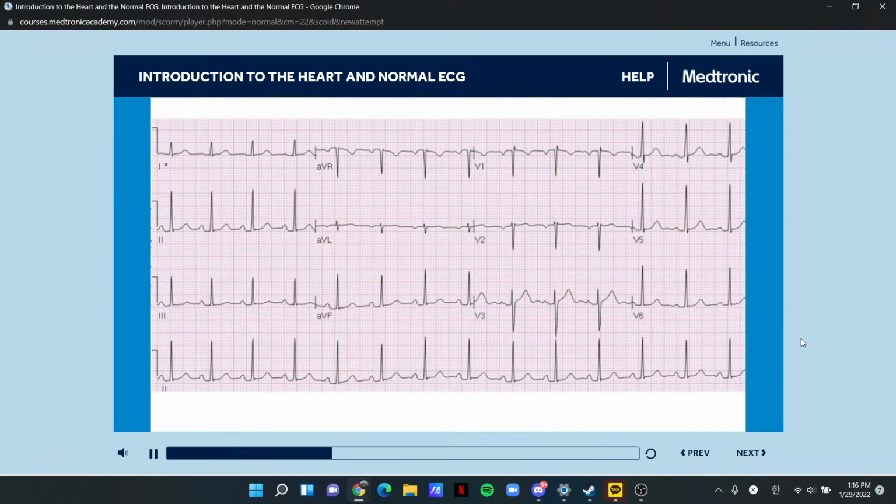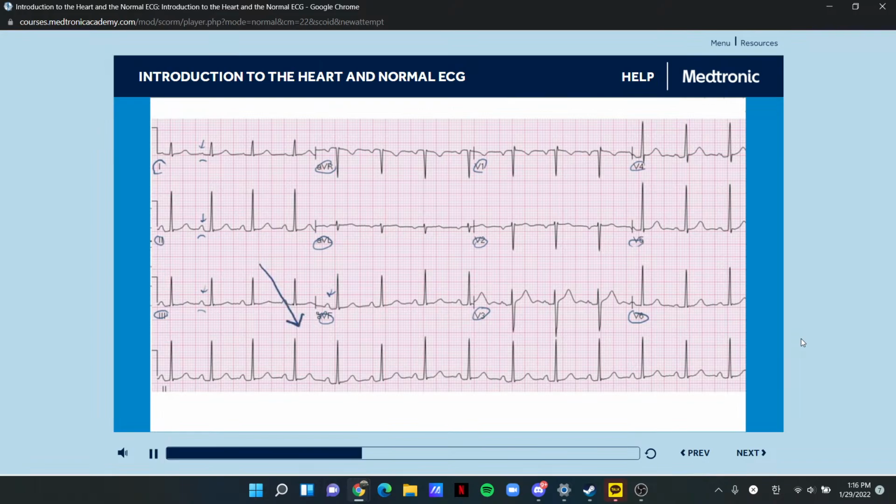You can see that the leads are labeled 1, 2, 3, AVR, AVL, AVF, and then the precordial leads V1, V2, V3, V4, V5, V6. Let's just pay attention to the limb leads. The P wave, which is in front of every QRS complex, is upright in lead 1, 2, 3, and even AVF. This tells you that the P wave indeed is traveling down and to the patient's left.